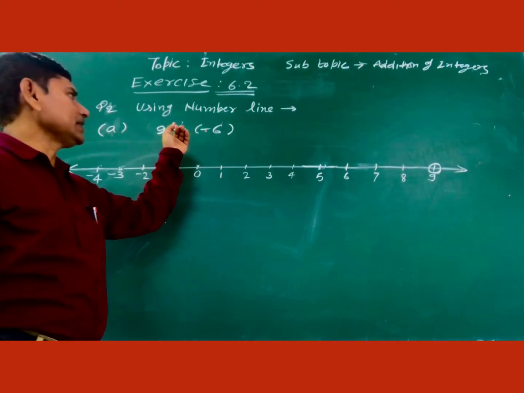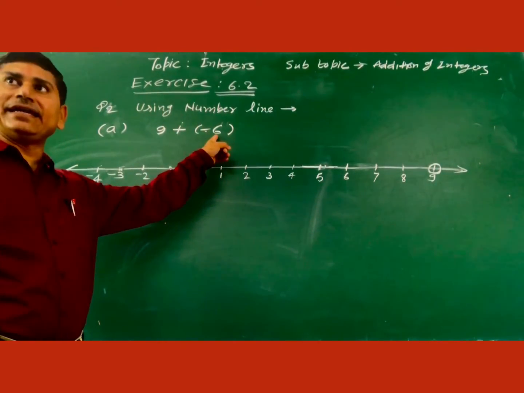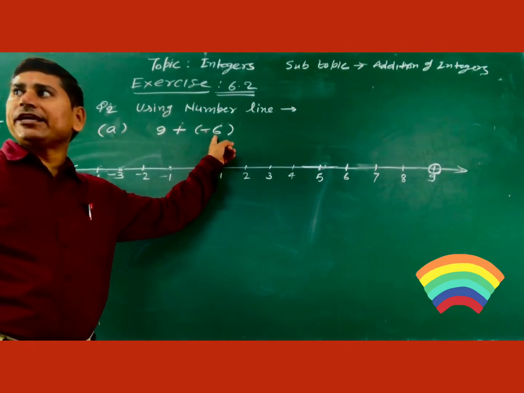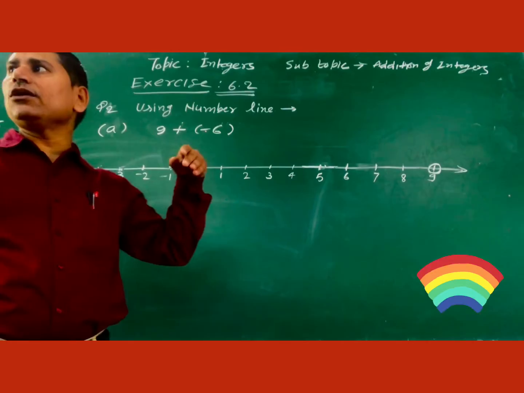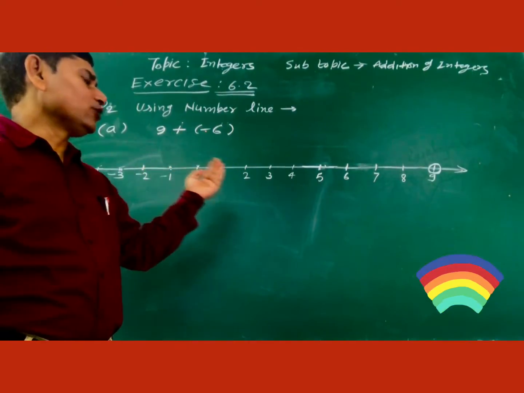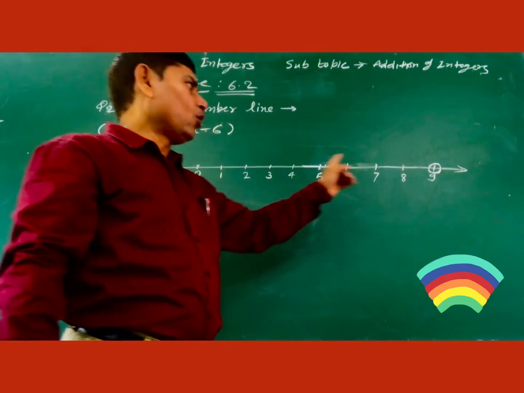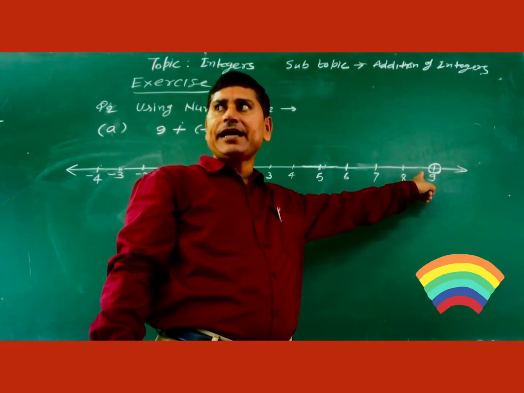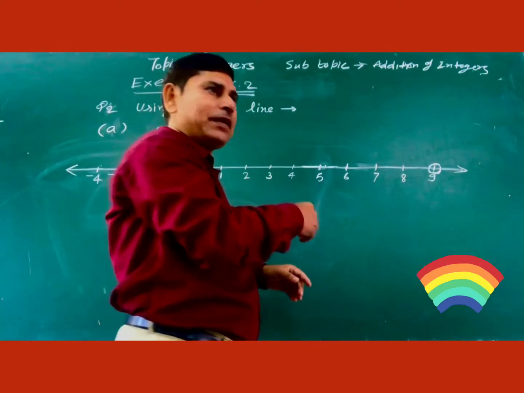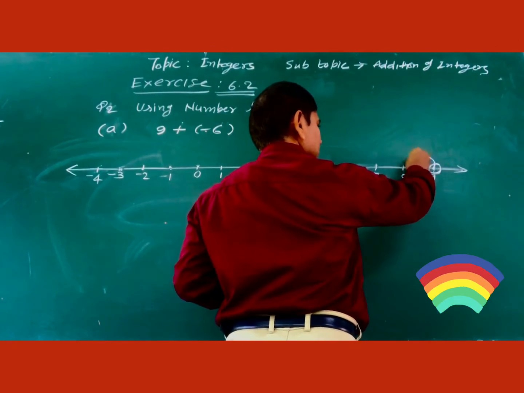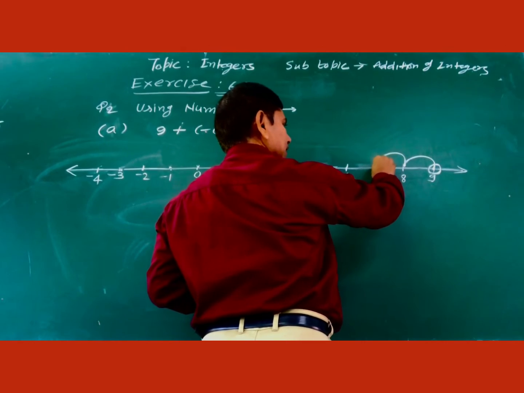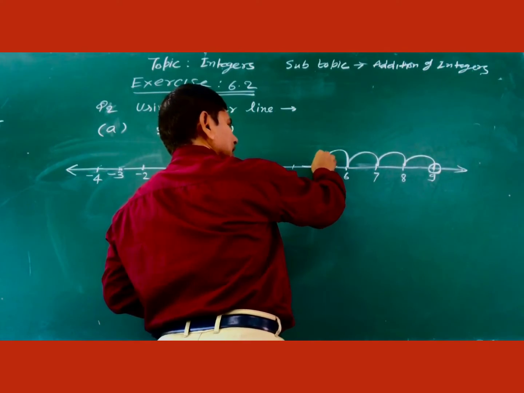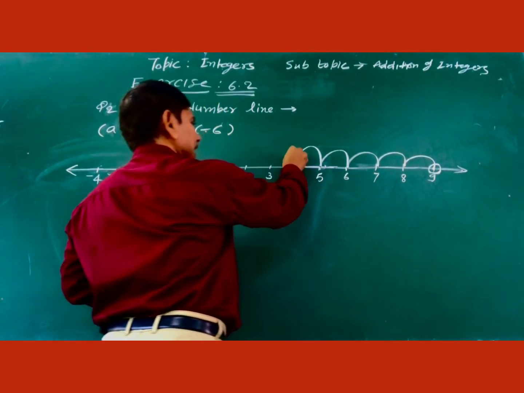After that, the question says plus and minus 6. So here is a negative number. Okay? Negative means which side will you go? Left side. You will move left on this number line. So step by step you move first, second, third, and next one is 4, 5, and after that 6.